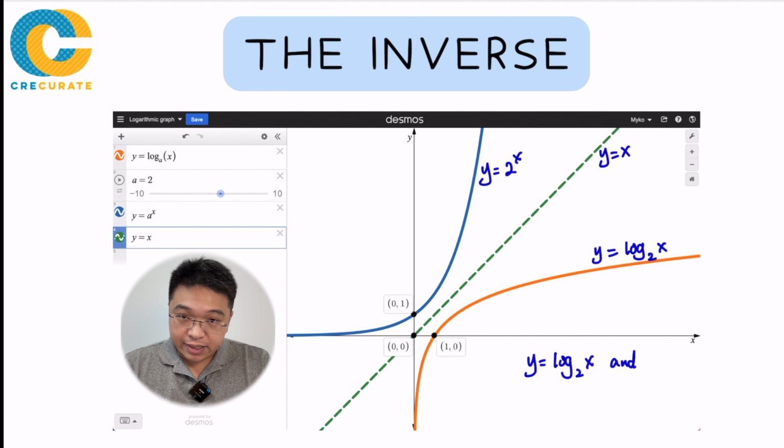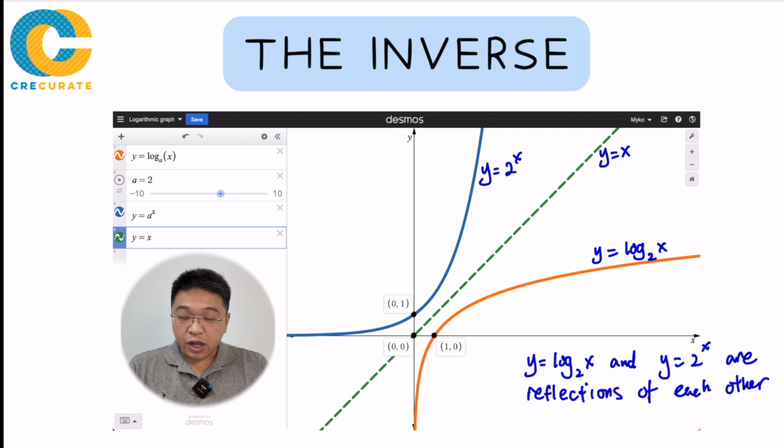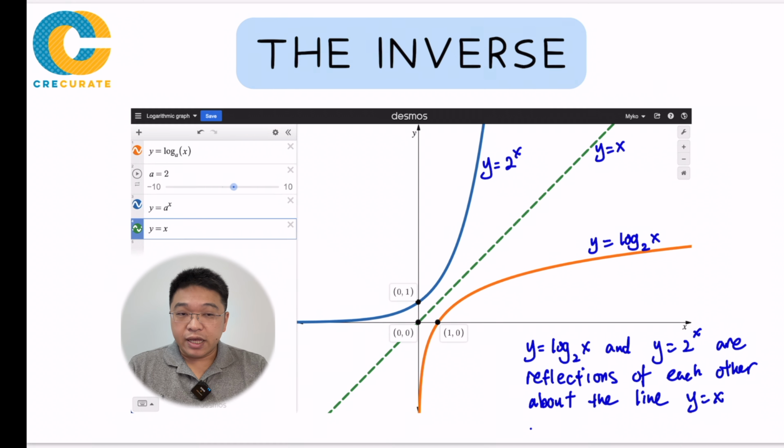What we see here is that the log graph and the exponential graph with the same base are basically reflections of each other on the line y equals x. And why is this reflection happening? It's because 2 to the power of x and log base 2 x are basically inverses of each other. They are inverse functions of each other.